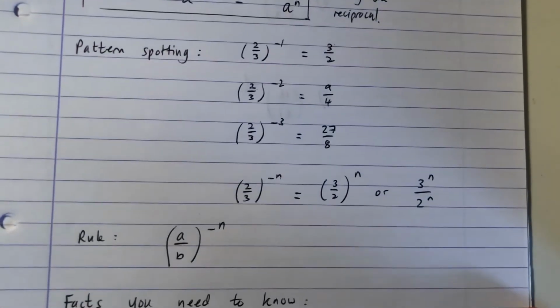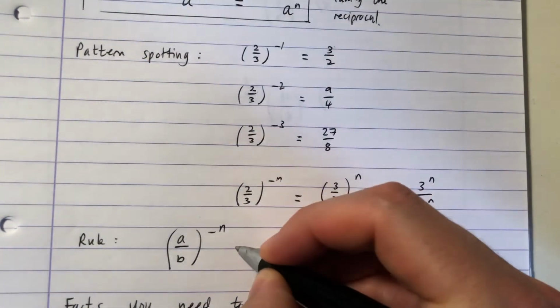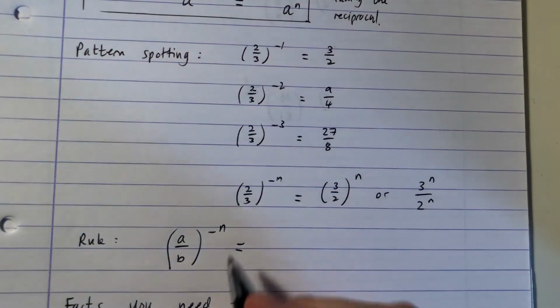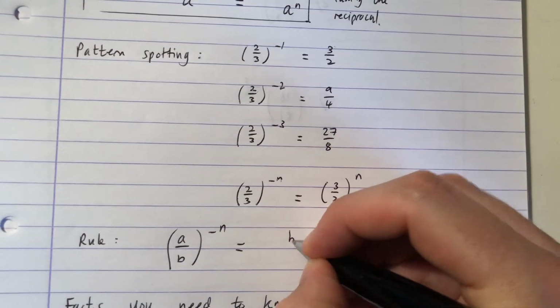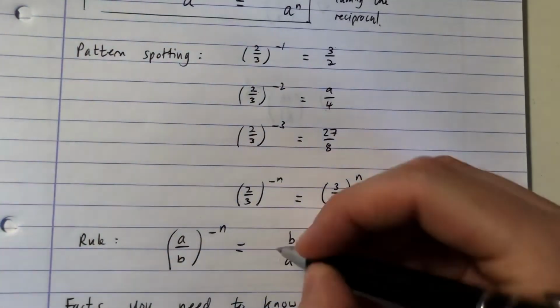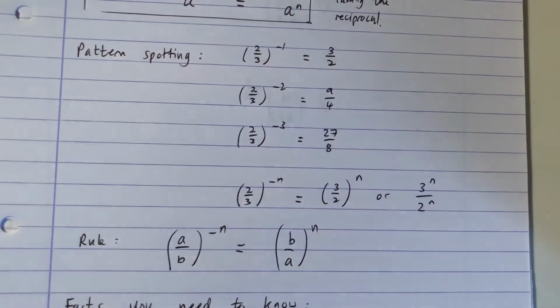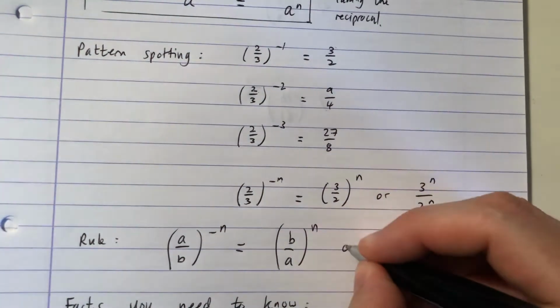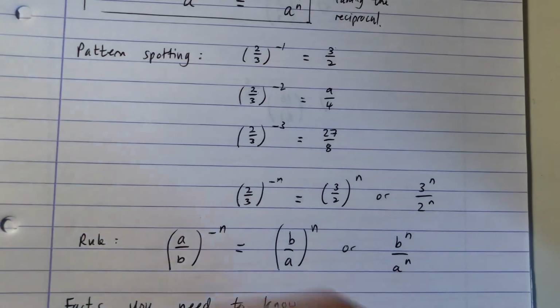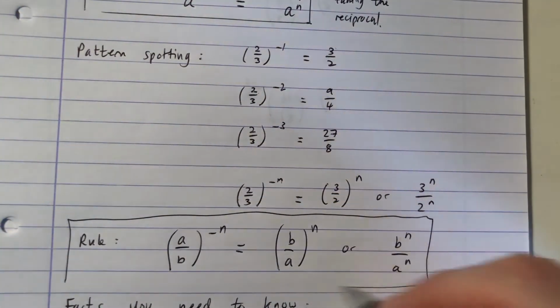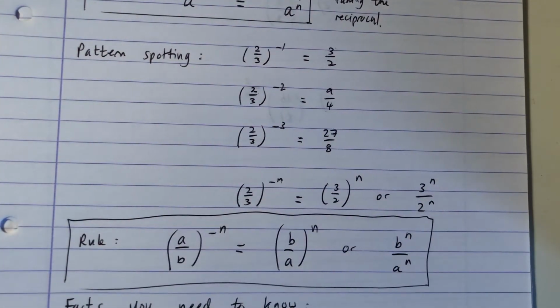So the rule that you need to know is negative powers, flip fractions, and then just apply the power to that fraction. Or if you prefer, b to the power of n over a to the power of n. That is a key rule that you need to remember.